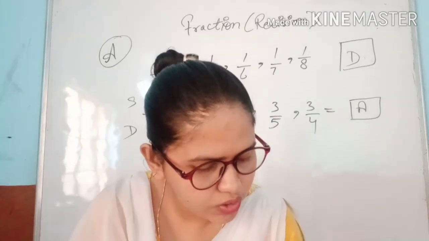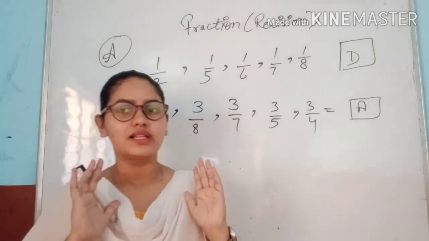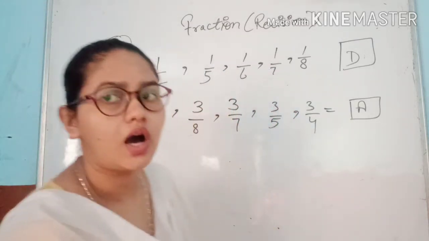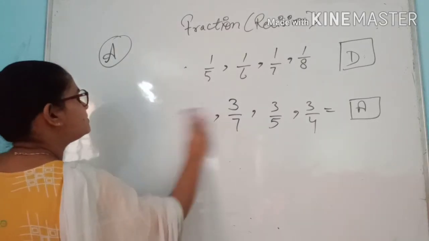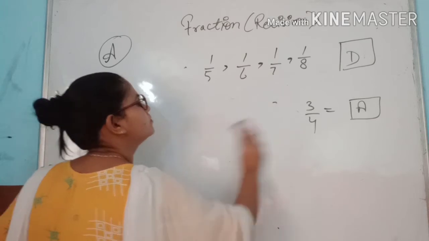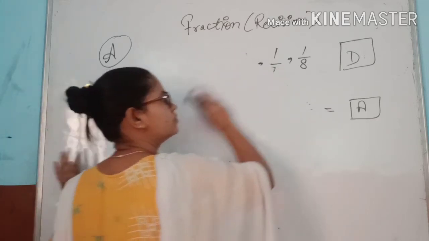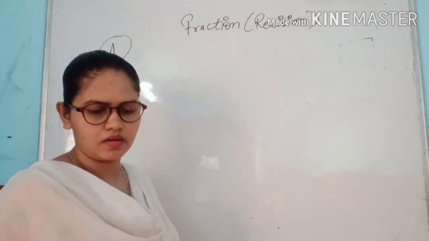Now here we have 1 by 2, 2 by 4, where we have to add. This is also a very easy one. How do we add?